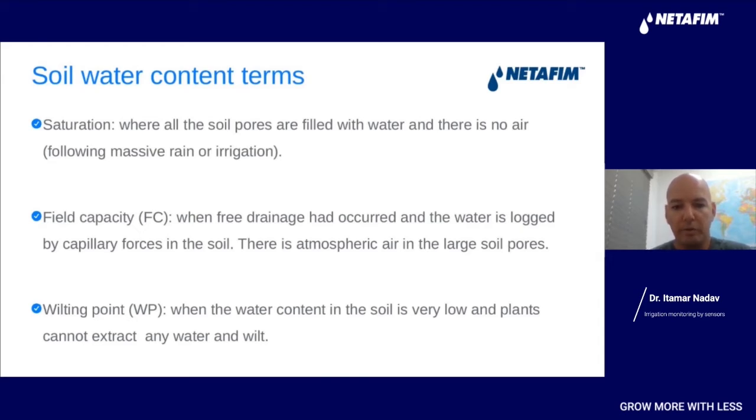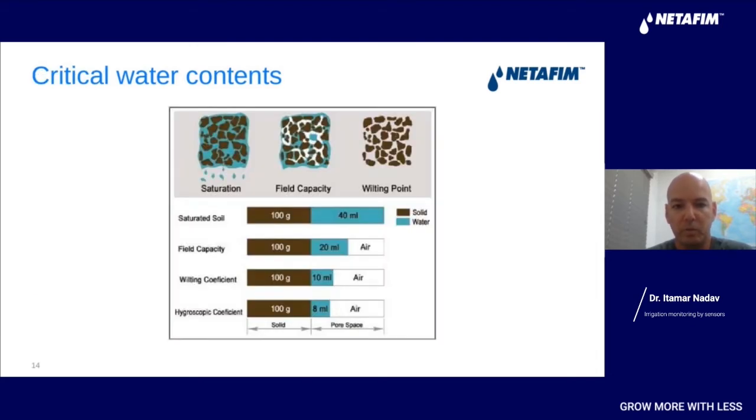Another thing that we have is the wilting point. The wilting point is where the water content is very, very low and the plants cannot extract any more water, and they actually wilt and die. This point is what we want to avoid and stay away from, and I will explain about it later. If you want to see the graphics of that, these are the three water contents that we have.